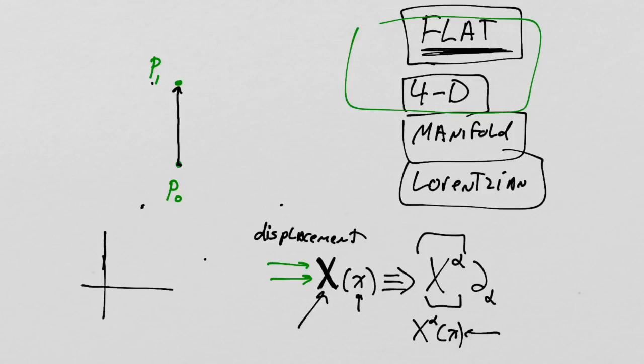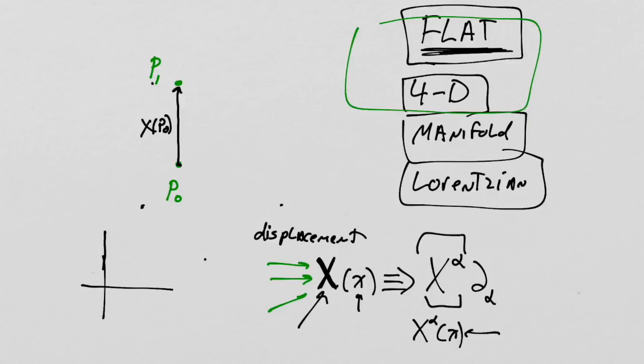If we're in curved spacetime, this is a trickier proposition. We have to consider only limiting procedures and other things like that. And even in this case, you'll see in the end, we really do need a limiting procedure as well. But by treating this as flat spacetime displacement vectors, what we're saying is that everywhere in spacetime there is a displacement vector. So this one would be the displacement vector X at P0.